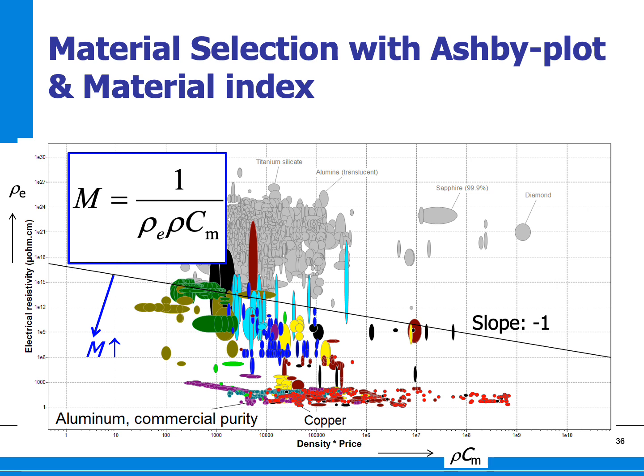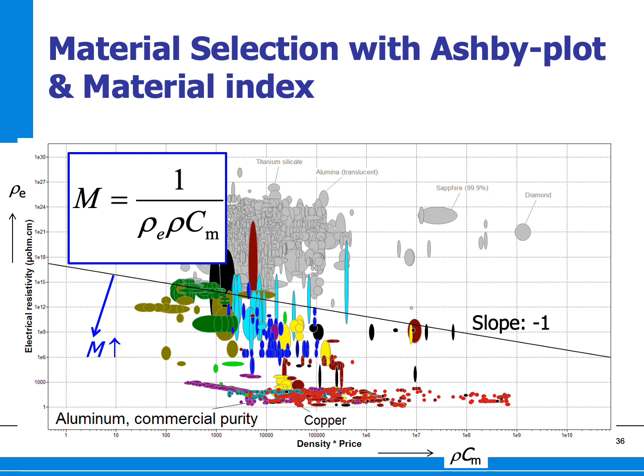Once we have this line, it basically means that all the materials that lie on this line have the same performance because they have the same material index, so they perform equally well.